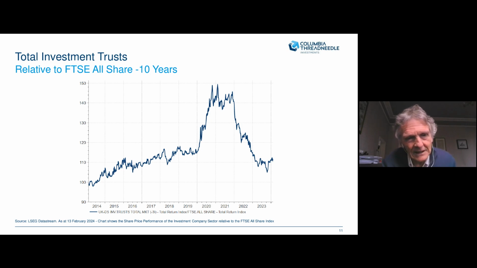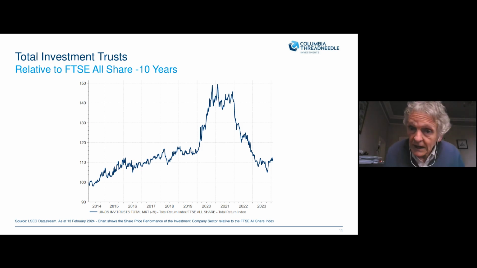Towards the end of 2019, as we moved into COVID, actually, they outperformed very substantially and kind of went sideways in 2021. But then, when interest rates and inflation started increasing right at the end, Q4 of 2021, they began to underperform quite substantially, and you can see lost most but not all of that long-term outperformance.